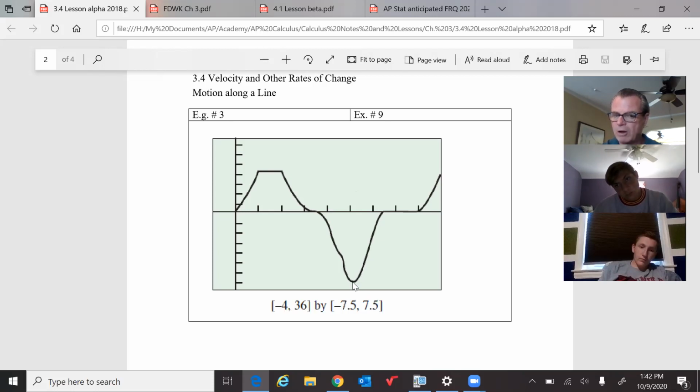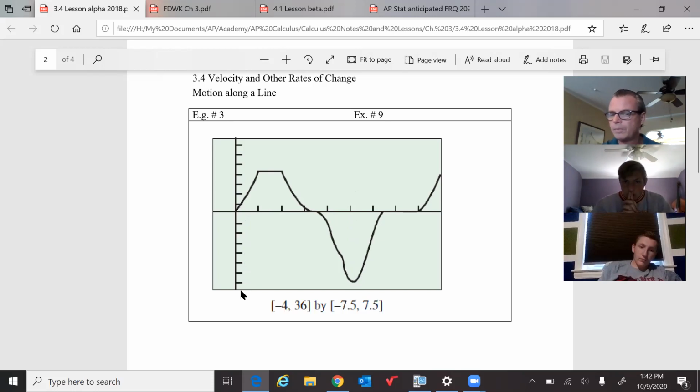So this, when she's going backwards at her greatest speed, because this is farther from the x-axis than this is. You just count it. Okay?